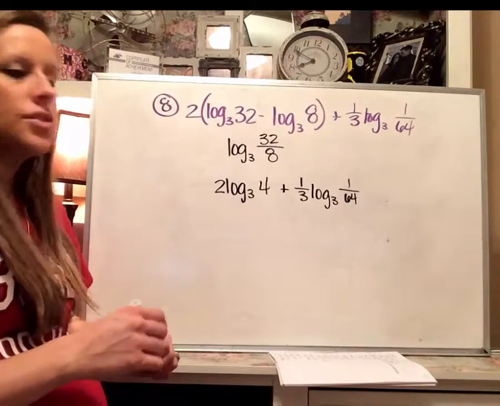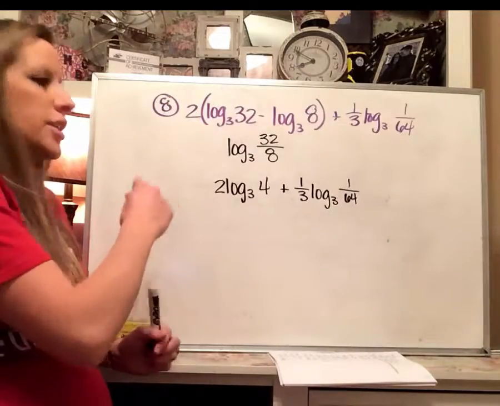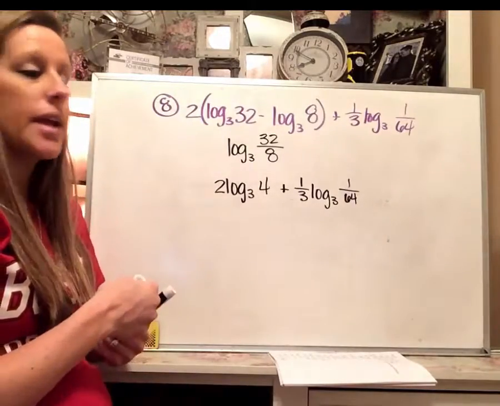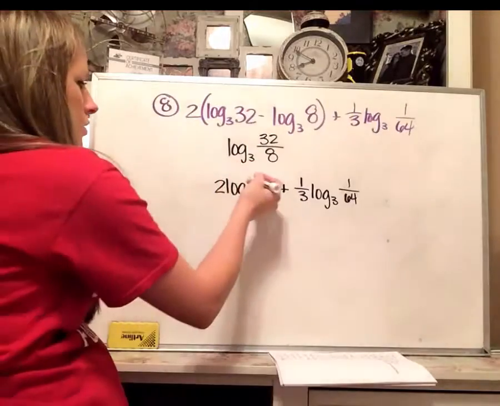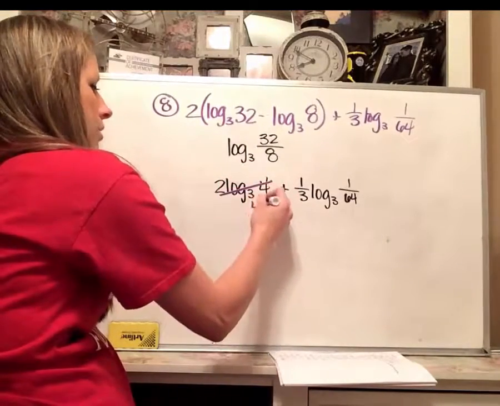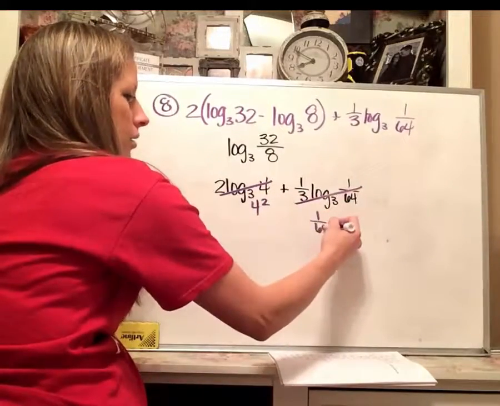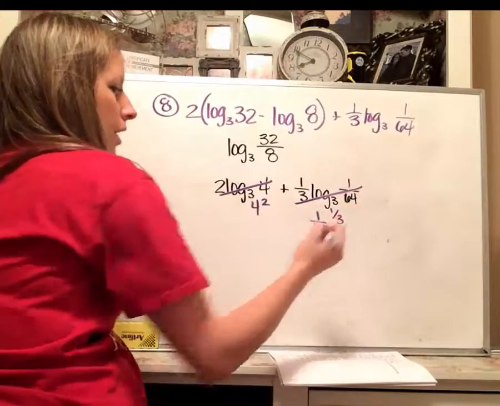Alright, so next thing I like to do is change my number in front to an exponent. So this would be 4 squared. This one would be 1 over 64 to the 1/3 power.